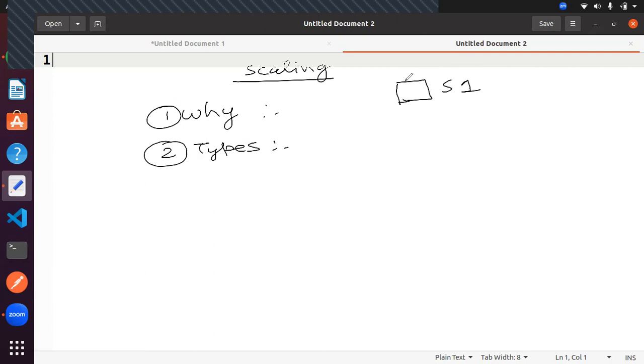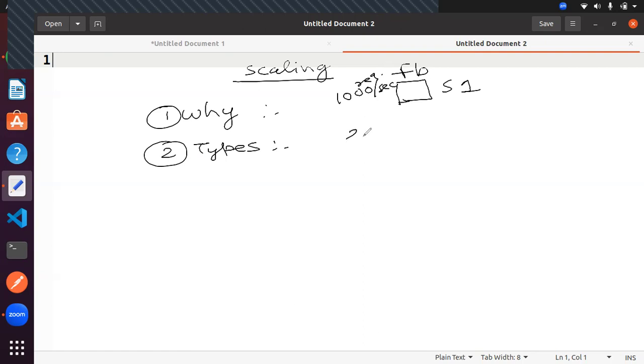Suppose this server's capacity is only 1,000 requests per second. This server one can handle only 1,000 requests per second.